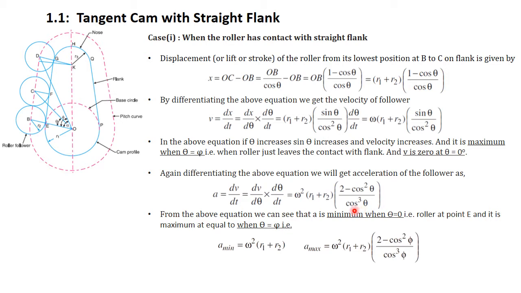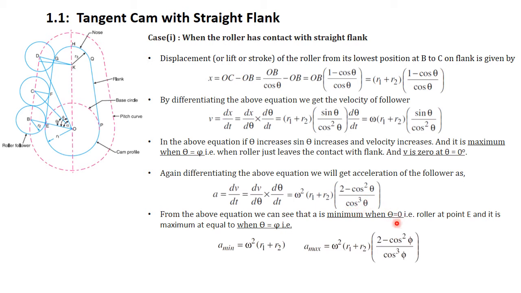If we observe this equation properly, again only θ is the variable. ω, r1 and r2 are constant. If we put θ equal to 0, cos 0 is 1, therefore the value of the numerator is lowest and the value of the denominator is highest.